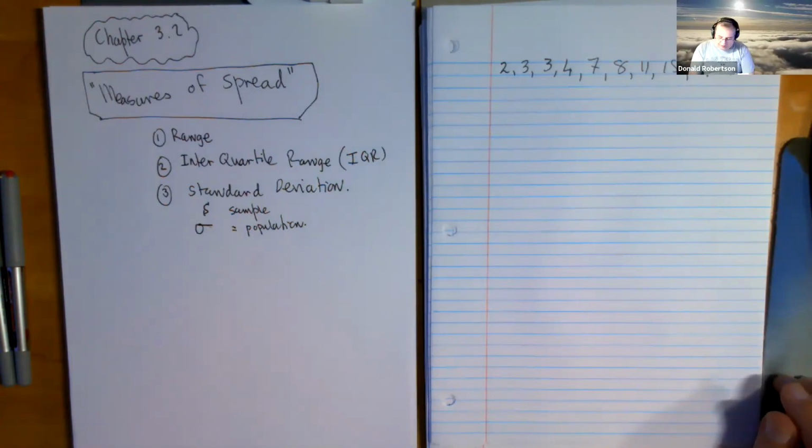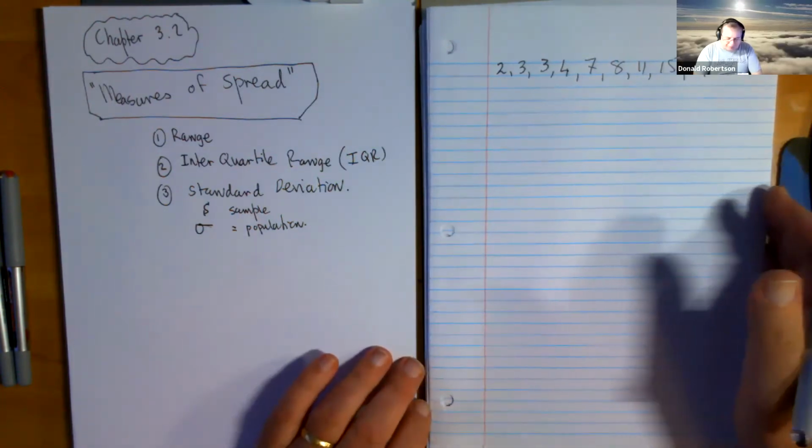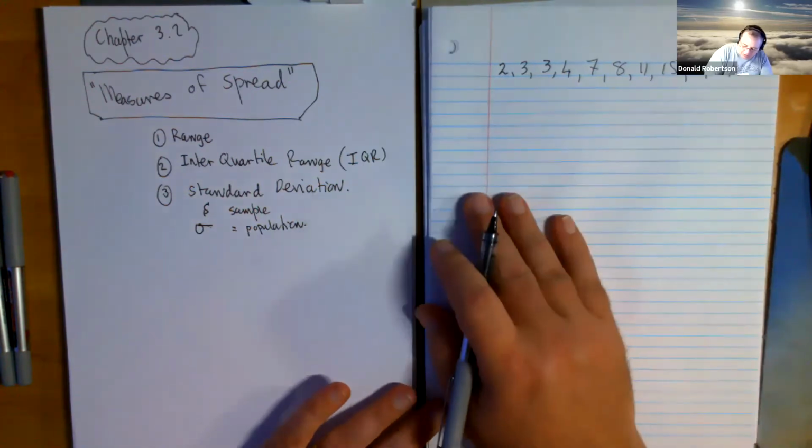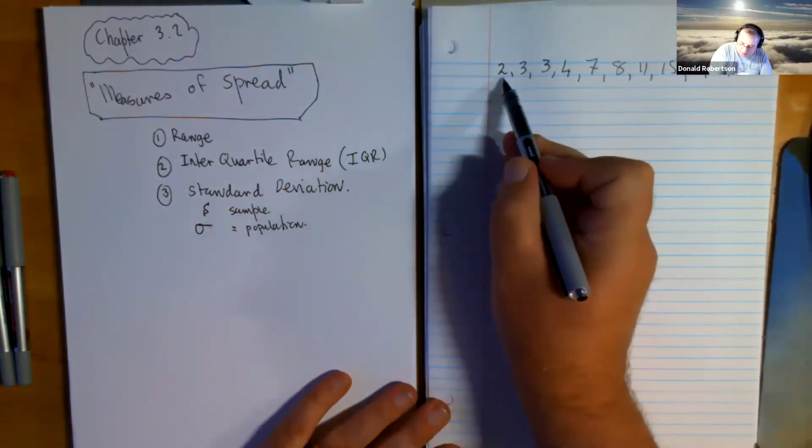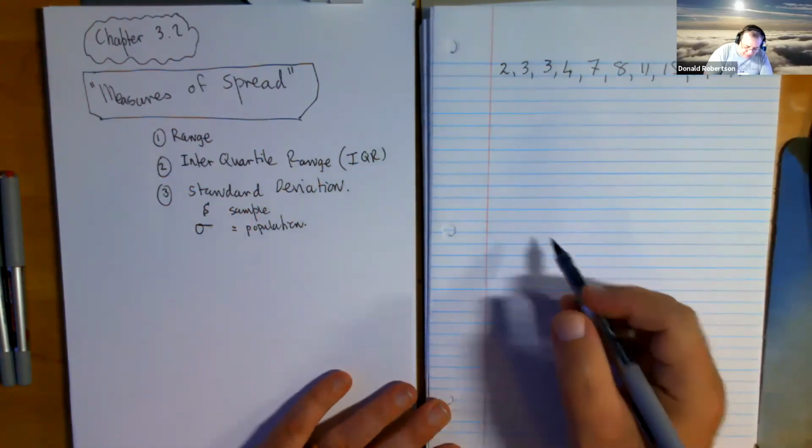So here is a list of data. It could be ages of people in a family or something. And as you can see, the numbers go from 2 all the way up to 40.